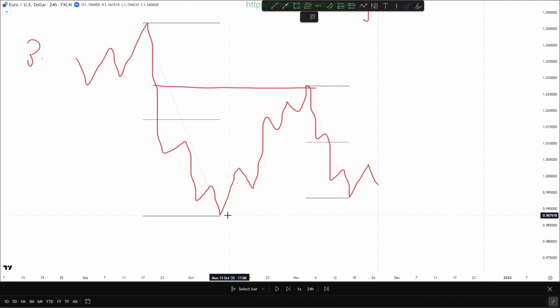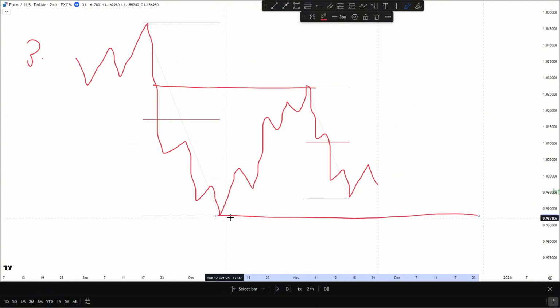We haven't yet reached the low of the dealing range or expanded lower, but now we've formed a new micro dealing range within the macro one on the 4-hour time frame. In this case, our destination for price remains the same, which is the low of this dealing range, the external range liquidity of this dealing range.